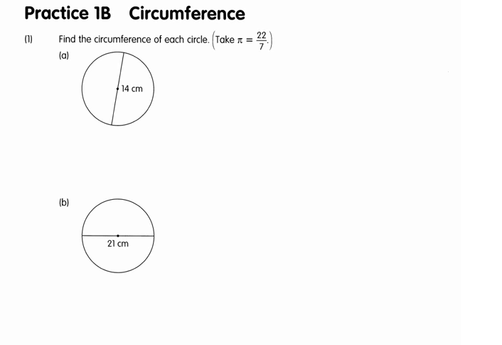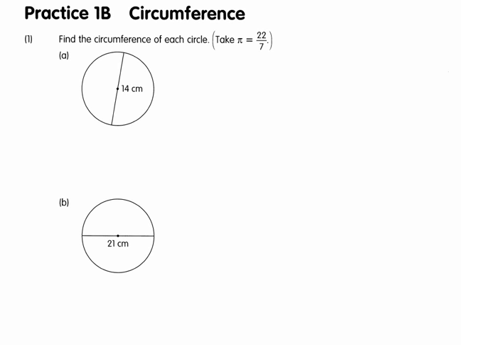And Leroy, tell me a third. 3.14. Understand? So the question will tell you which one to use. So you must take note of what they say in the question. For example, in this question, they say you use 22 over 7. Later we will look at some questions that will ask us to use 3.14.